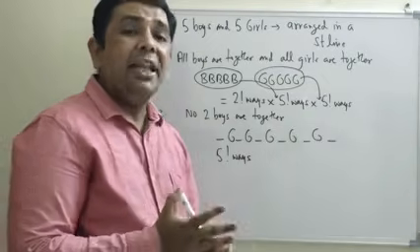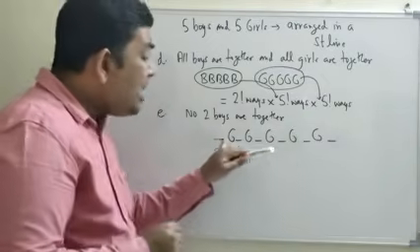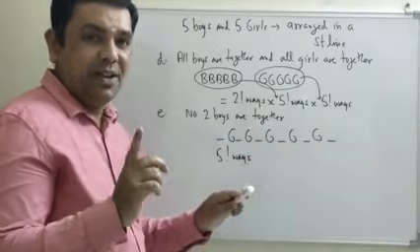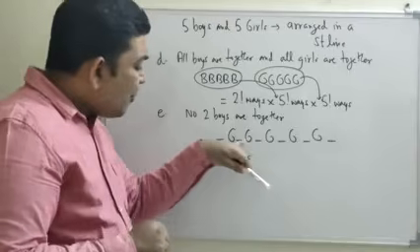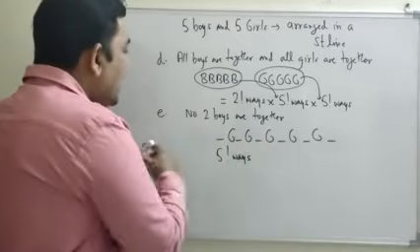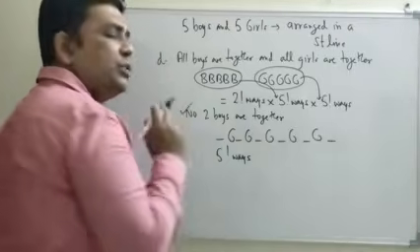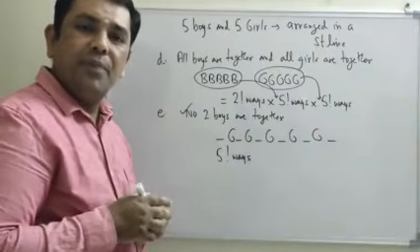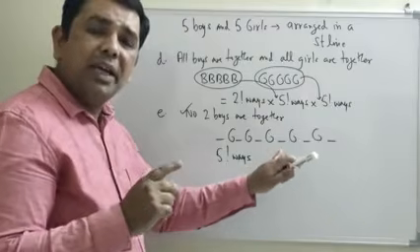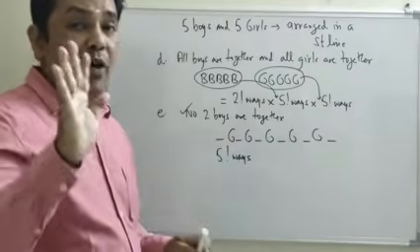When these 5 girls are arranged, there are 6 places created for the boys. Okay? And the boys can occupy any 5 of these 6 places. If the boys occupy any 5 of these 6 places, you can clearly see that no two boys will be together. Okay? So 6 places for the boys, and how many boys are there? There are 5 boys.